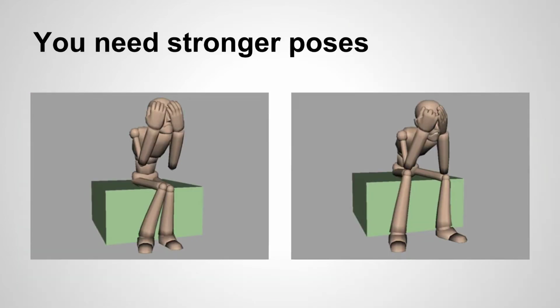One of the most common comments that people get when they're starting on animation and showing it to other people is that your poses need to be stronger. In this example on the left, of a guy crying or upset, maybe we can get the sense of his emotional expression, but there's a lot missing that makes the right-hand side much, much stronger.